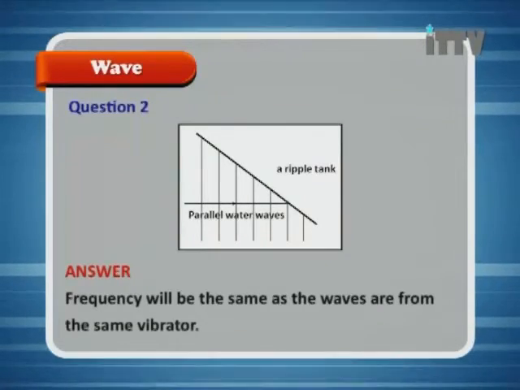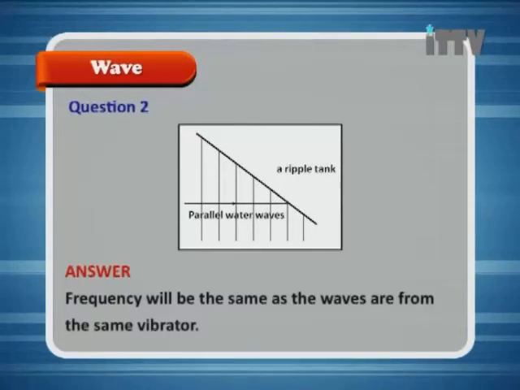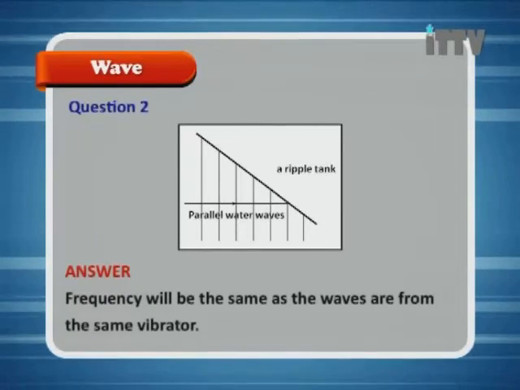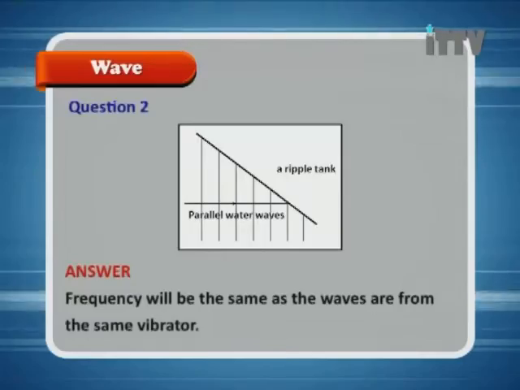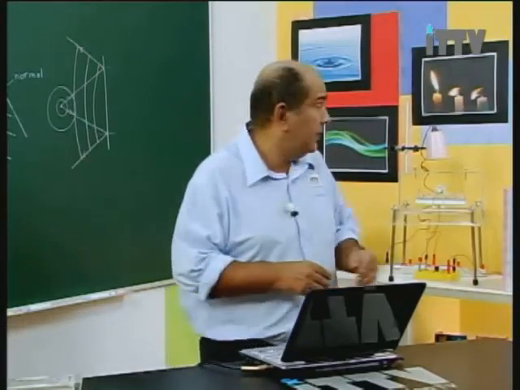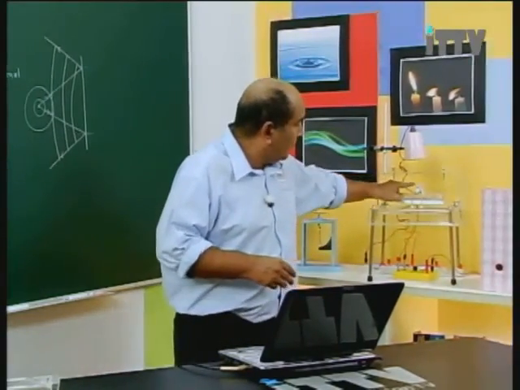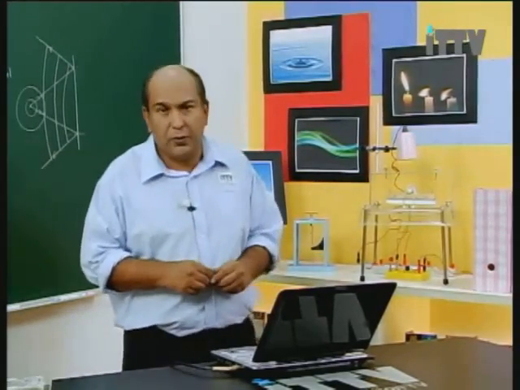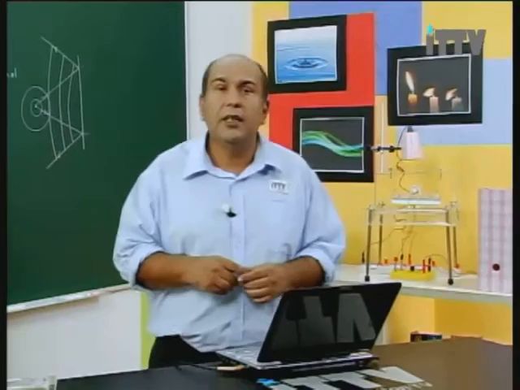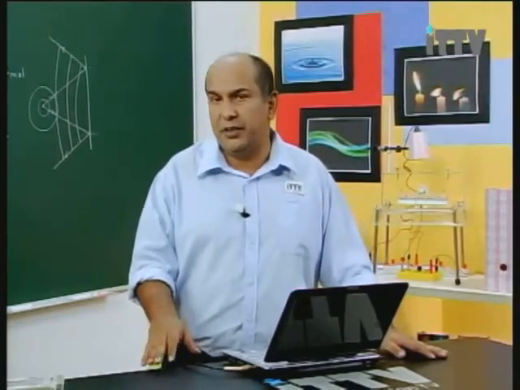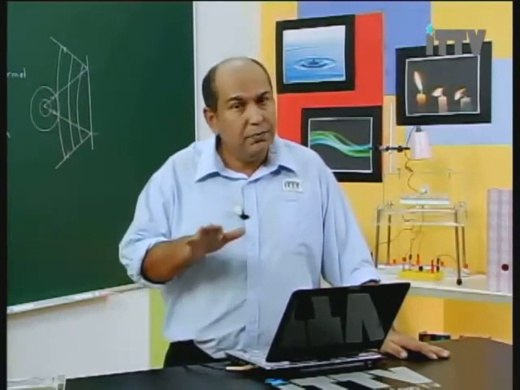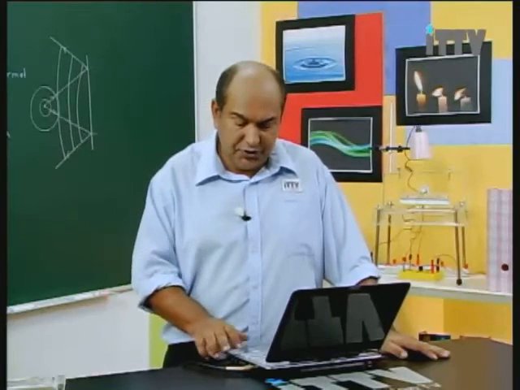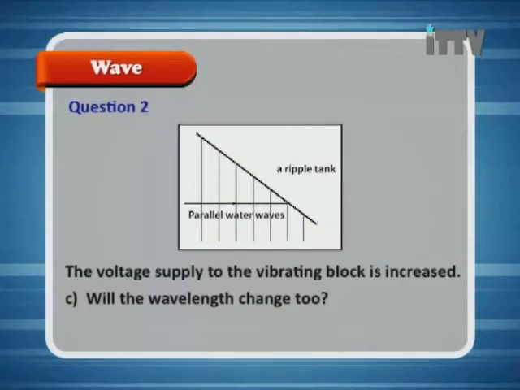Frequency will be the same as the waves are from the same vibrator. As long as the vibrator, which is the instrument up here, is the same, I should get the same frequency. I'm not changing my source of vibration. So, frequency unchanged.